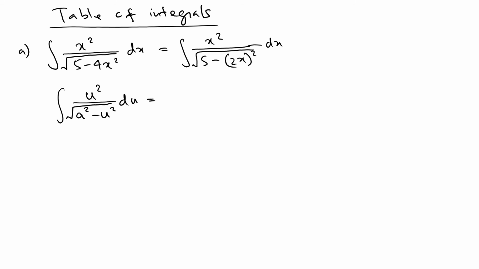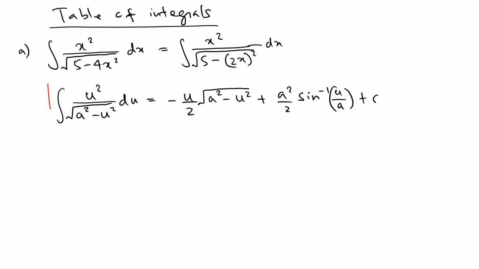This one you can actually prove using the trig substitution technique, but you can use this as a formula, not in exams, in practice. So this is the formula: plus a squared over 2 sine inverse of u over a, plus c.